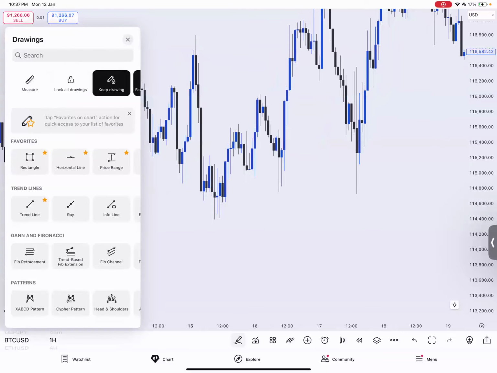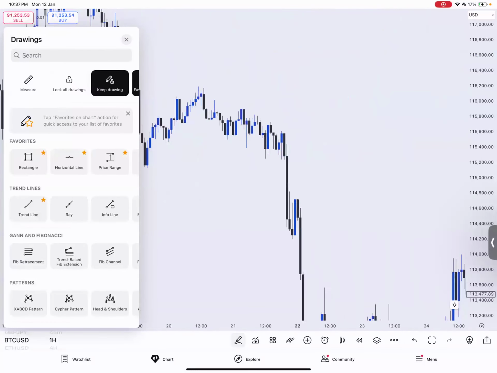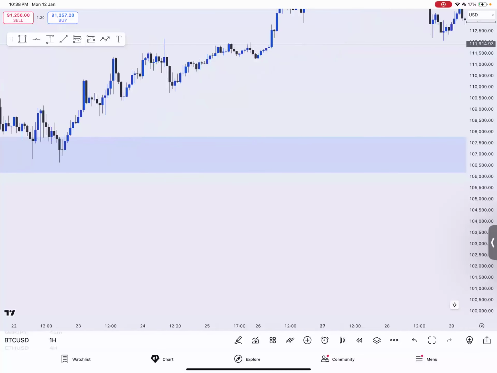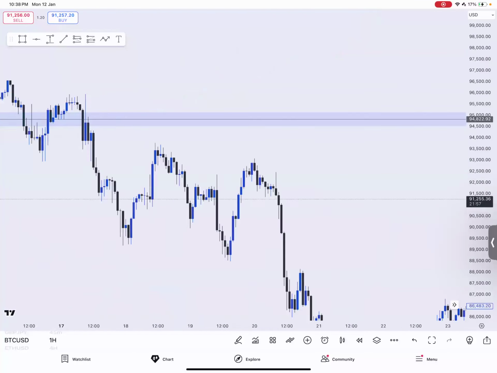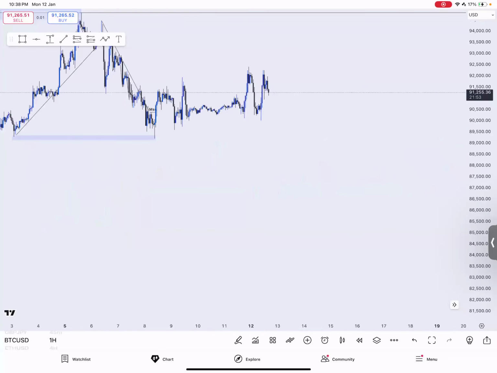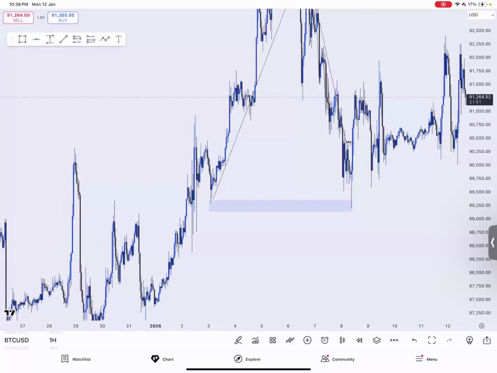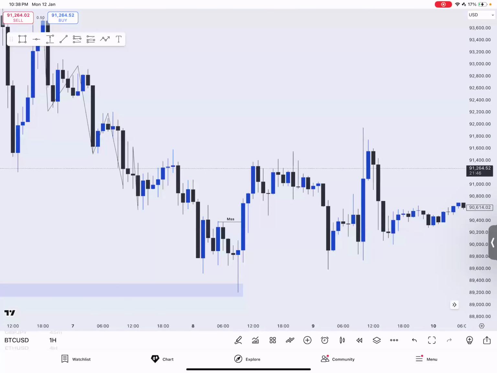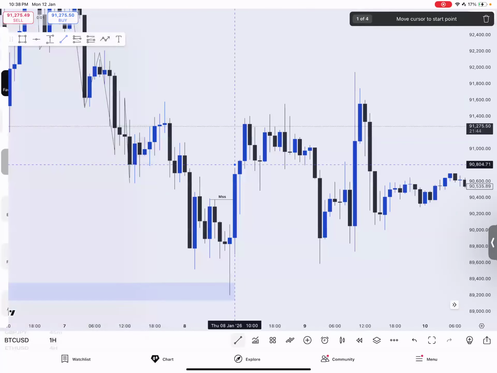After you've gotten the MSS, this recent BTC trade has it. After you've gotten the MSS, which is here, this is the MSS. This is the body closure of the MSS candle.